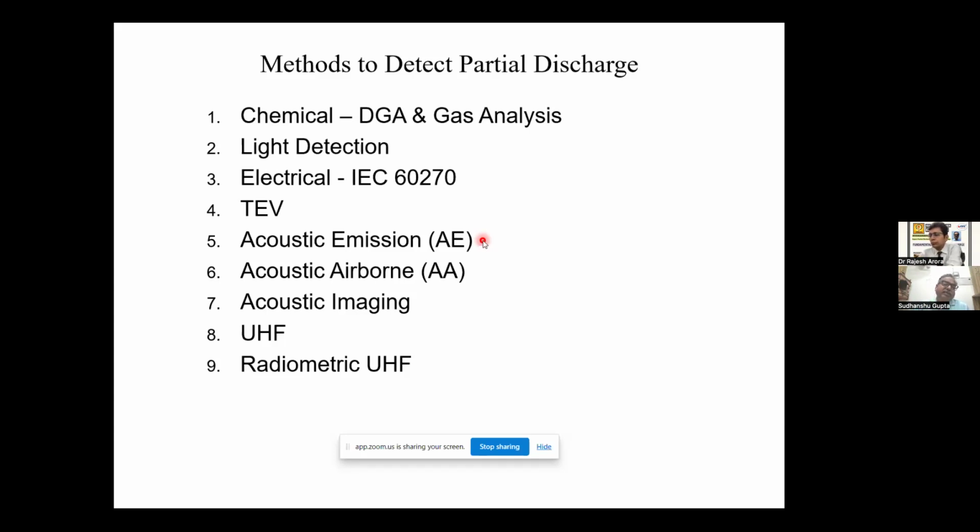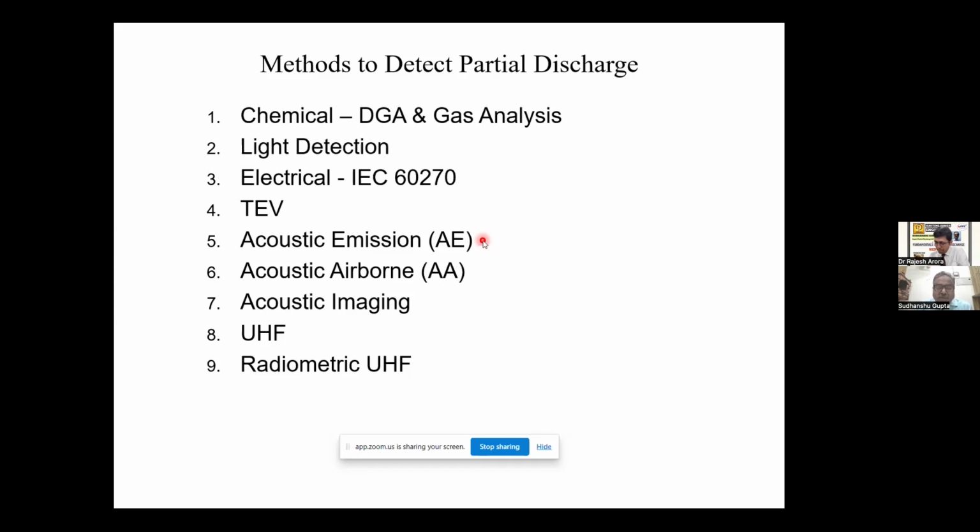So then you will be able to locate the partial discharge activity. It's one step ahead compared to acoustic airborne, and very useful for transmission lines and mainly for composite insulator defects. I have done many tests using acoustic imaging, and it's very helpful in locating the defects.